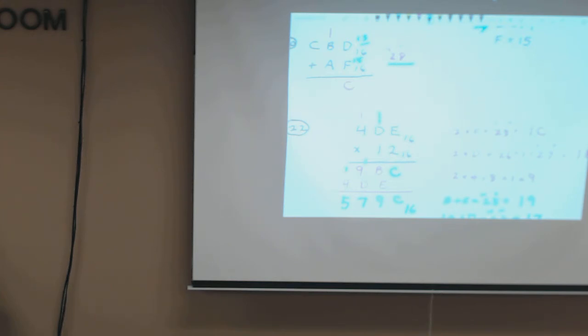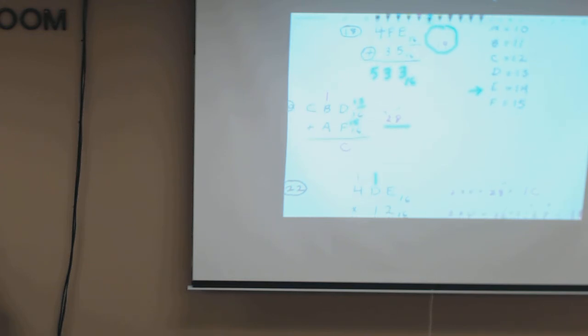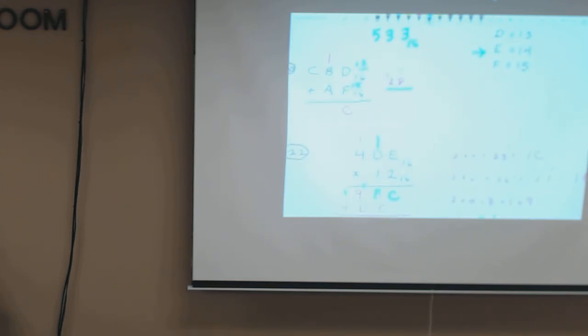What's 1 and 1? 2 plus D. What's D? 13. 15. How do I say 15 in base 16? F. Is that right? What did I say? 13, 15, F.